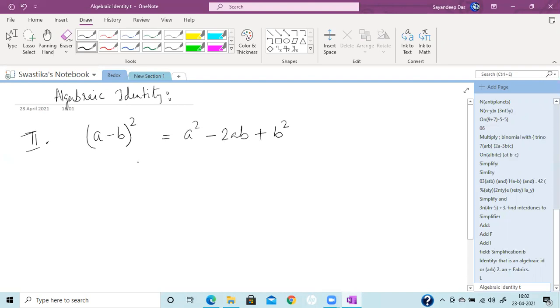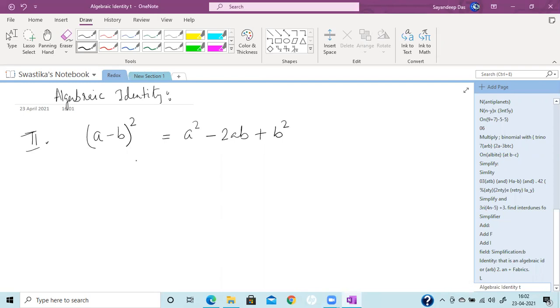As all of you know now, the first identity is a plus b whole square and the second identity is a minus b whole square is equal to a square minus twice ab plus b square.